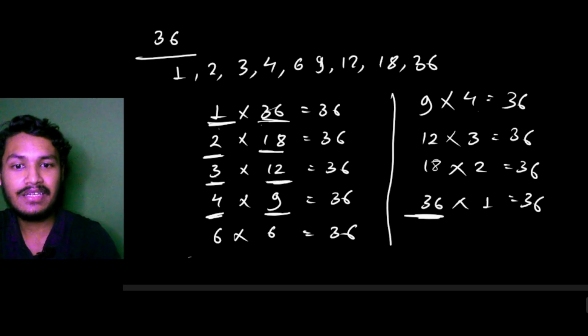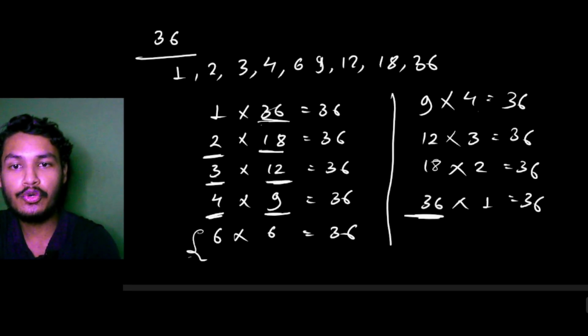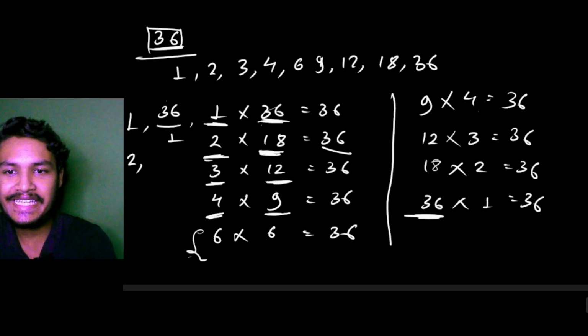We can run our loop till this number, and we can store the first number, which is 1, and the second number, which is the input number divided by this number. The first number will be 2, and the second divisor will be 36 divided by 2, which is 18.